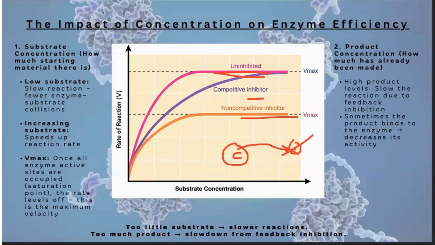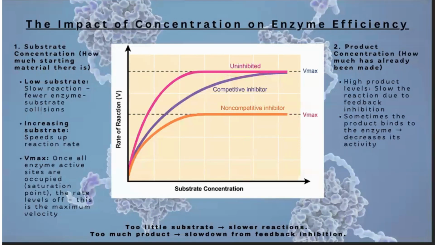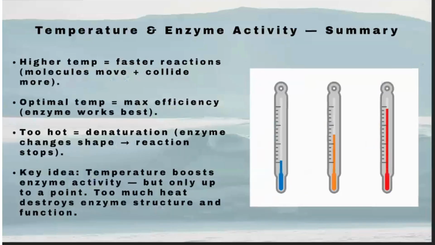So I hope that this in general shows you the relationship and how the rate of reaction can be affected by the concentration. Now let's talk about the final factor, which is temperature. If we have high temperatures, that usually means that we have faster reactions because we have more collisions that occur.